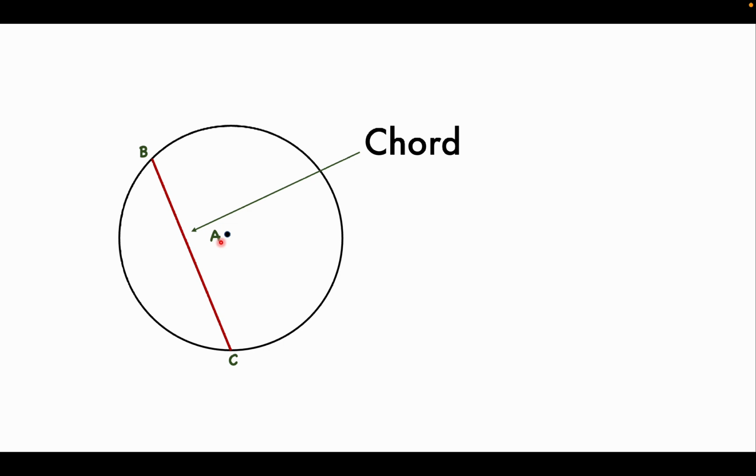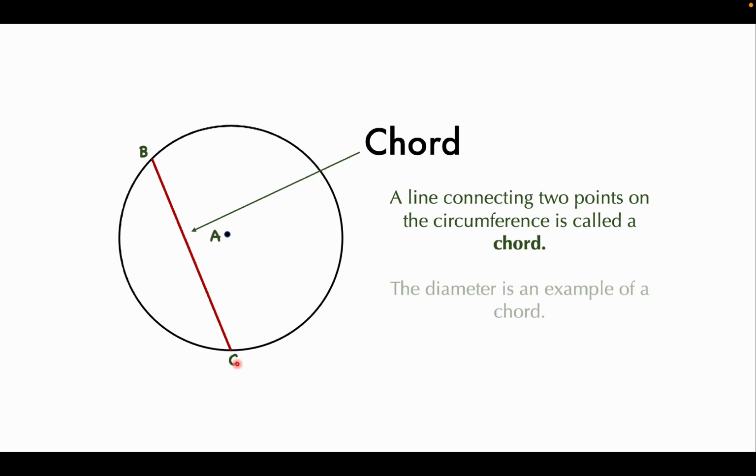Pero, in math, once there are two points connected by a line lying on the circumference, siya ay tinatawag natin na chord. Which means, the diameter is also an example of a chord. Ano? So, ang diameter is example ng chord. Okay?